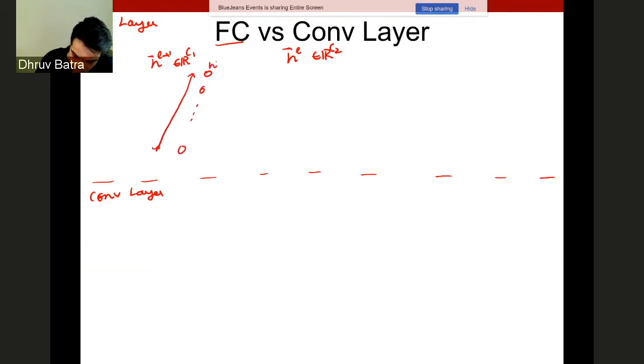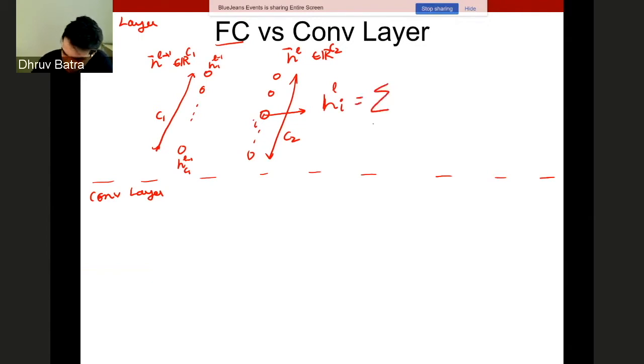They go from H^(L-1)_1 to H^(L-1)_C1. There's C1 of these on the input side, C2 of these on the output side. We are usually interested in this ith neuron here, and we know that H^L_i is the summation of j equals 1 to C1 of H^(L-1)_j times W_ij.